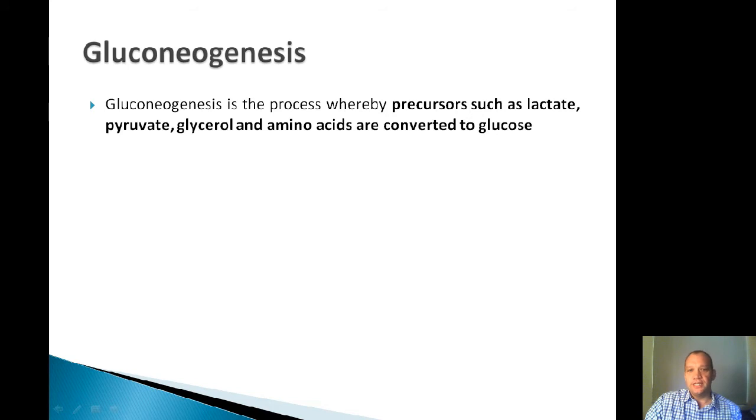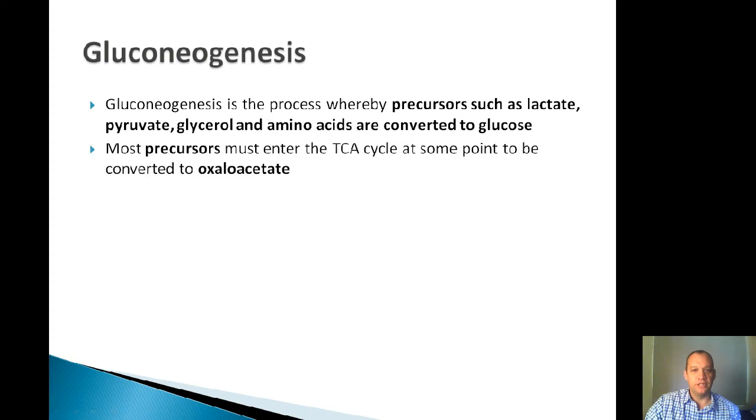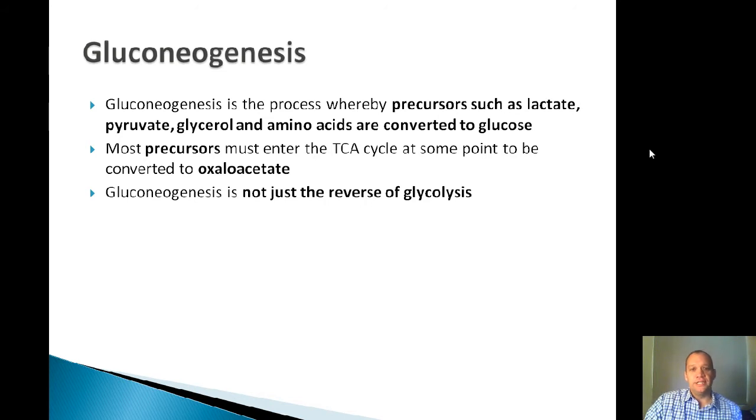Gluconeogenesis is the process whereby precursors such as lactate, pyruvate, glycerol, and amino acids are converted to glucose. Most of those precursors enter the TCA cycle at some point and are converted to oxaloacetate, and we'll see oxaloacetate is a precursor that can be used in this pathway in order to produce glucose. So gluconeogenesis then is not just the reverse of glycolysis.